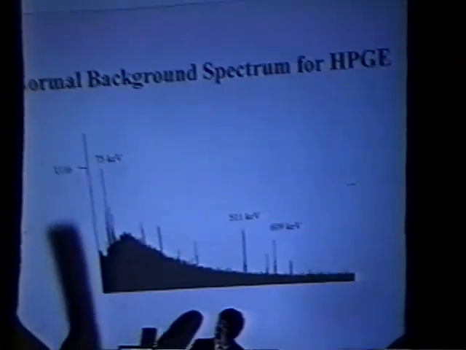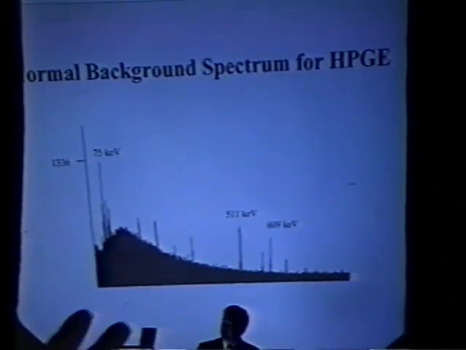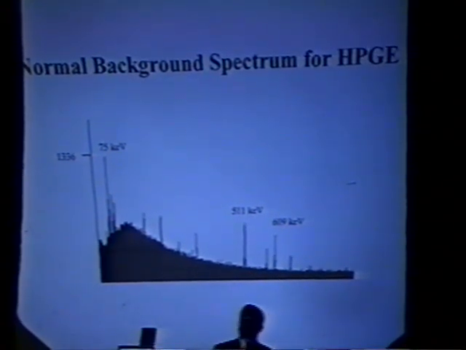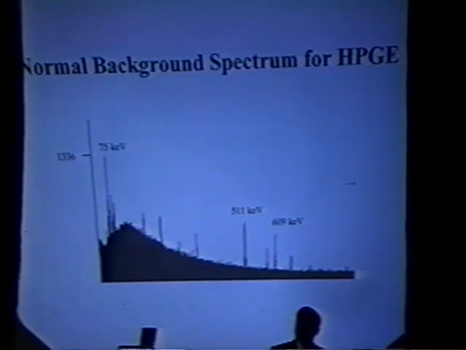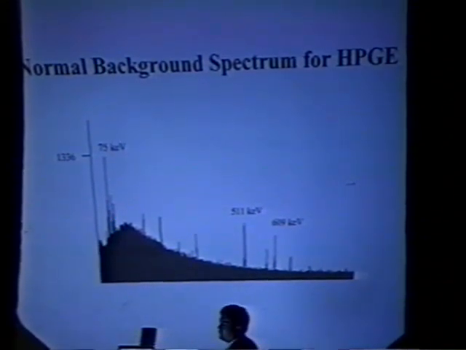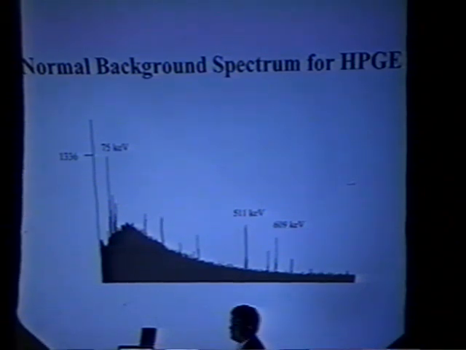What does a peak look like on a gamma ray detector? This is a wonderful gamma ray detector, because the guy who lent it to me is in the audience. This came courtesy of Naval Research Laboratory, and this is for a lead-shielded experiment.